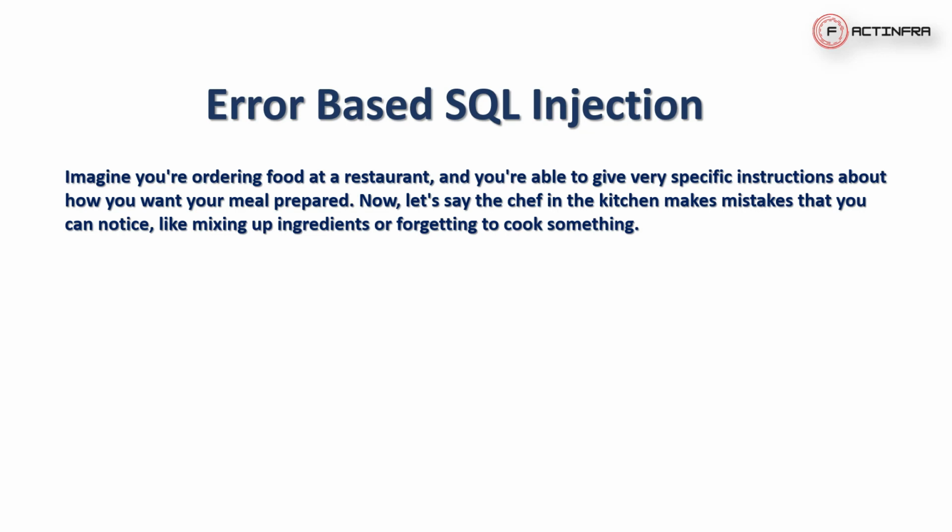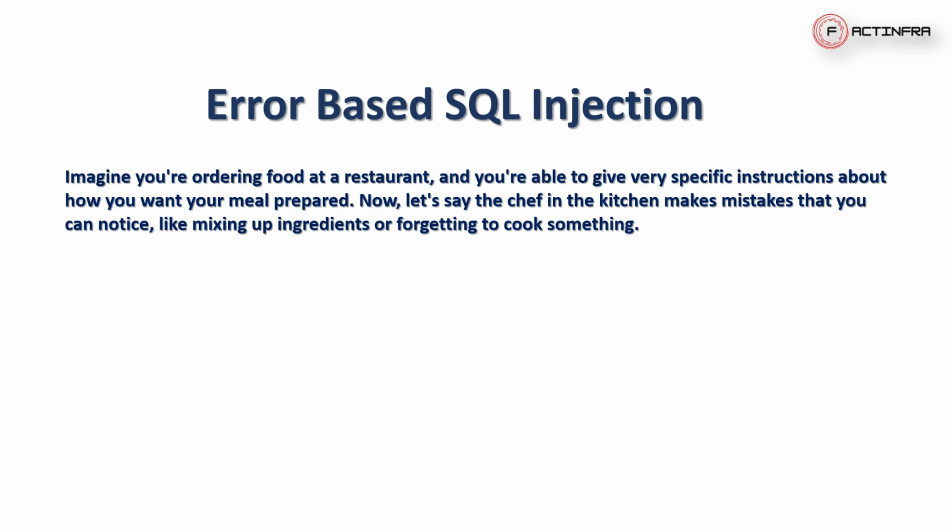And the chef goes to the kitchen and does something different apart from your instructions, like mixing up ingredients or forgetting to cook something, and you can see the chef doing something different or wrong in the kitchen. So this is some error or something different. This is the non-technical scenario.